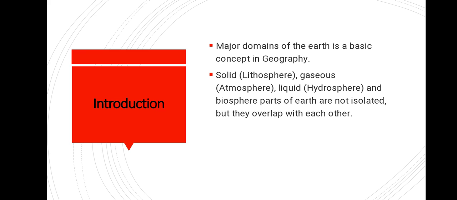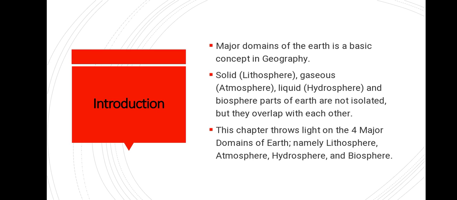The major domains of the earth are solid, that is the lithosphere, gaseous, atmosphere, liquid, hydrosphere and biosphere, that are the part of earth which are not isolated but they overlap each other. It means that all the domains of the earth are connected with each other.